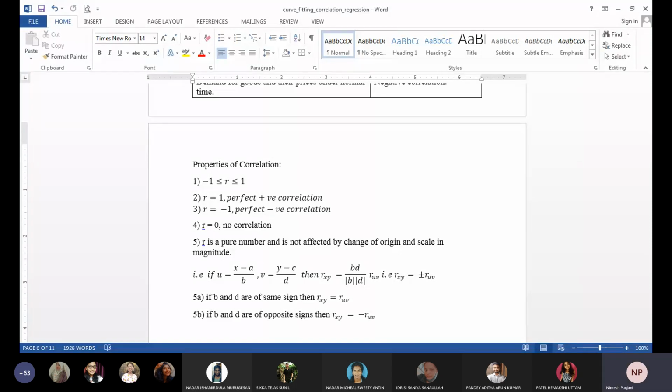If b and d are of opposite signs, then r xy will be minus r uv. So remember, this is quite important, depending on the signs of b and d. Same signs means both positive or both negative, then r xy will be r uv. If they are of opposite signs, then r xy will be minus r uv.